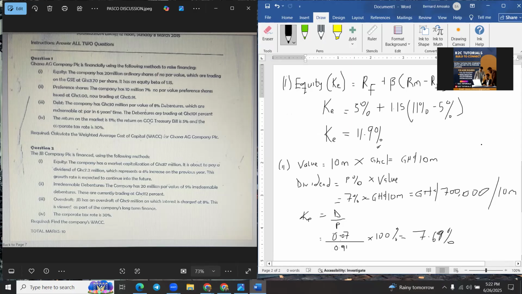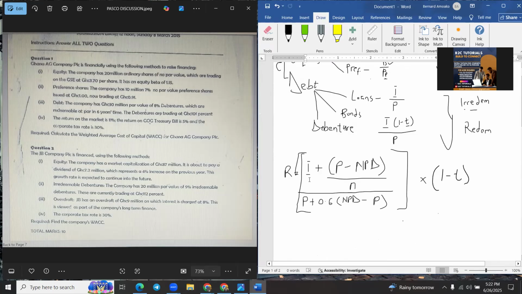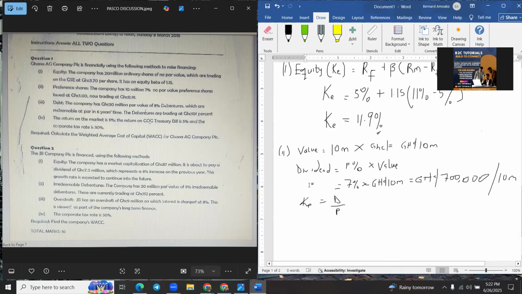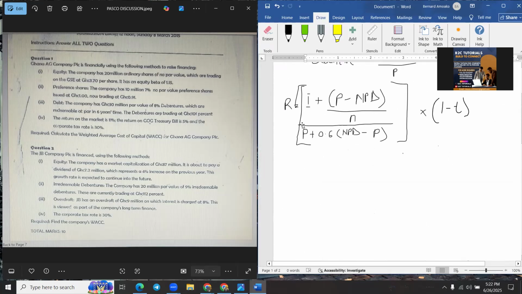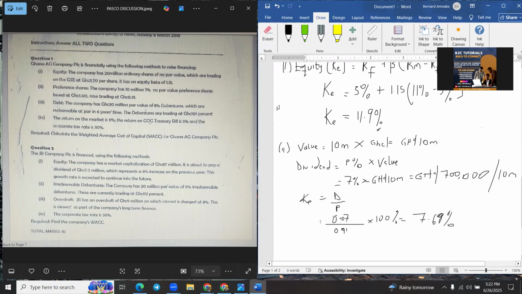Now let's go to the other one, which is the III, which happens to talk about redeemable debt. So this formula is applicable in solving the III. So let's repeat that same format again.